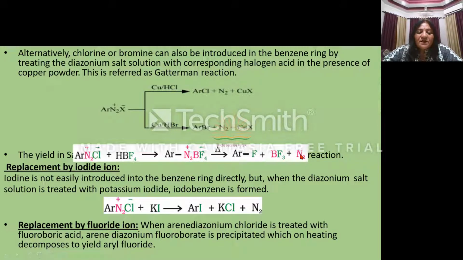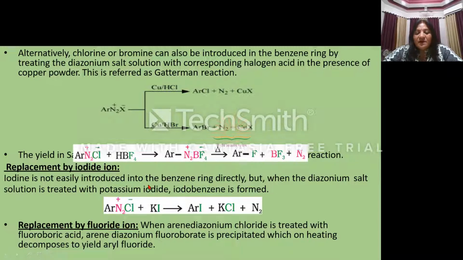Benzene diazonium chloride reacts with KI, preparation of iodobenzene. Then it gives iodobenzene plus KCl plus nitrogen. So we can prepare all the haloarenes, chlorobenzene, bromobenzene, fluorobenzene, iodobenzene, from benzene diazonium chloride.